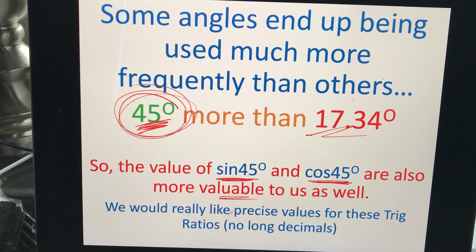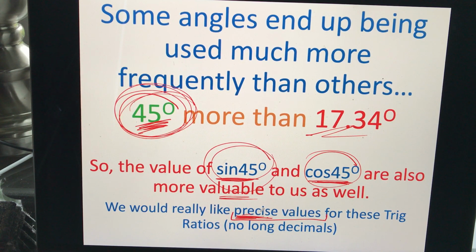Because we're going to use these values a lot, sine 45, cosine 45, for these major angles, what we want to do is build some precise values, because we live in, or are moving into, a world of precision. We want precise values for these specific ratios, and that's what the unit circle is going to do for us.